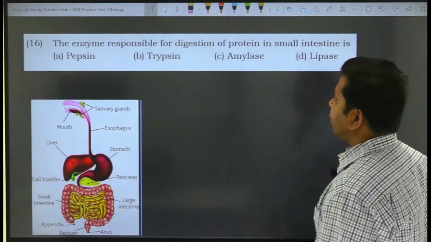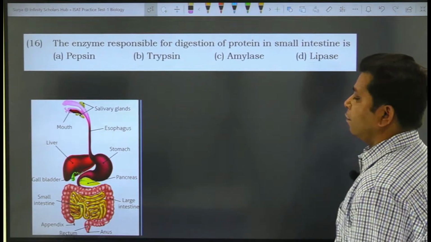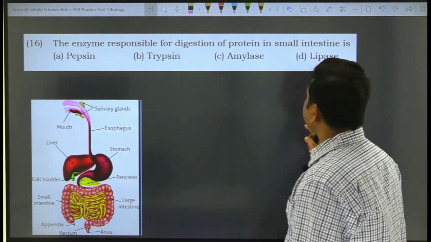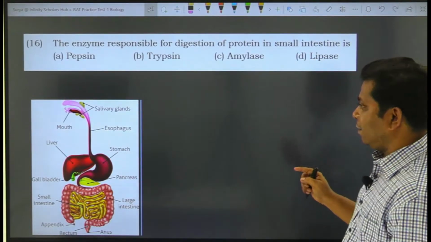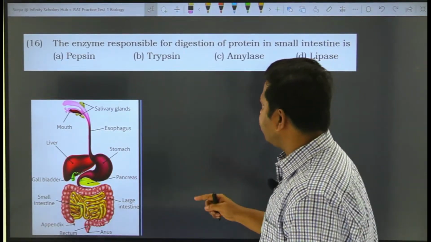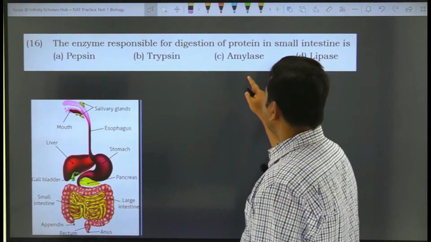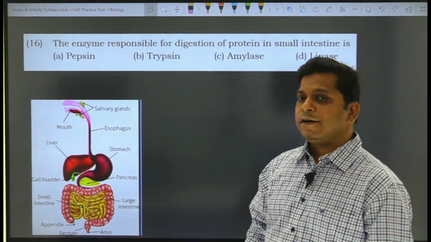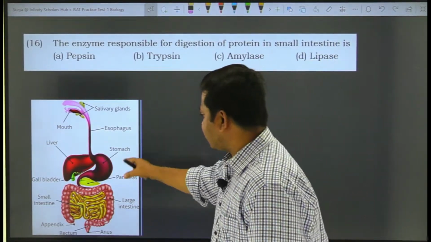The enzyme responsible for digestion of protein in small intestine is pepsin, trypsin, amylase or lipase. So, let us look at the structure of the digestive system.